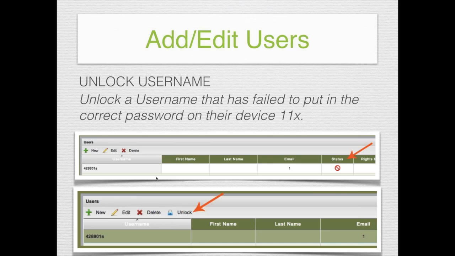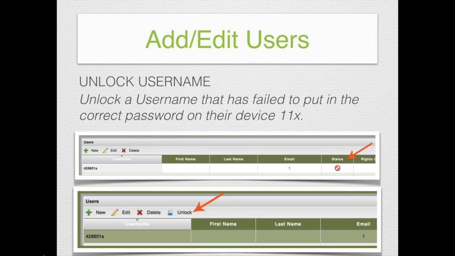Now, as a company admin, what you'll have to do to assist them is log into your account, and once you log in, you'll go under the Add and Edit User section. Once you're in there, you'll see a row that says Status. And in this screenshot, you see that the status is that red icon, symbolizing that the user has been locked out of the system.